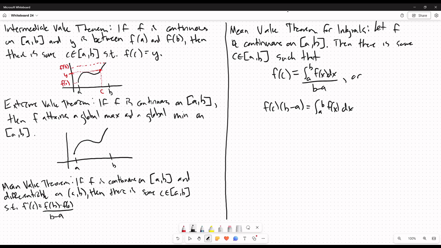I have a global min. Actually, I'll do this in red. I have a global minimum at this endpoint and a global maximum at that endpoint. Now, of course, we don't always have our global max or global min at the endpoints.